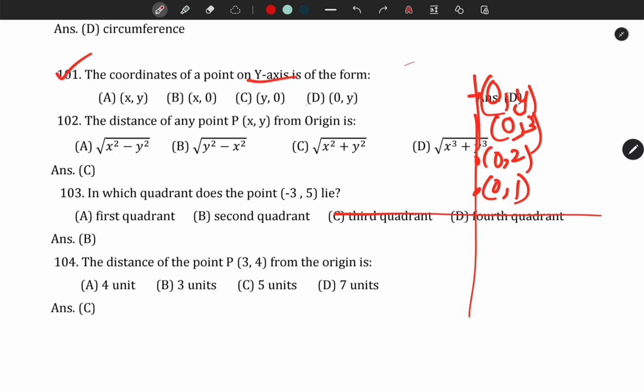Since it's y-axis, it will be 0, y. And remember, if it is on x-axis, supposing this point will be 1, 0, this point will be 2, 0, then 3, 0, 4, 0, in general it will be x, 0. Any point on x-axis will be x, 0, and on y-axis 0, y.